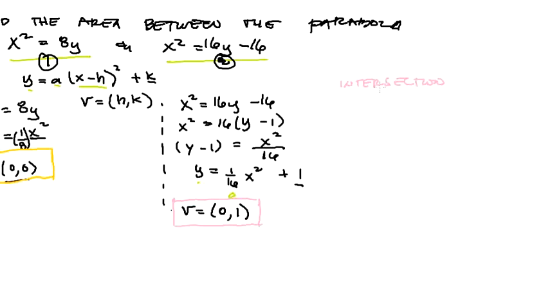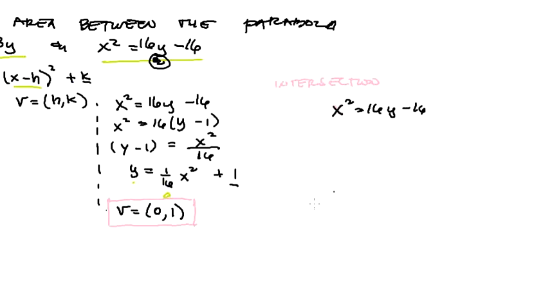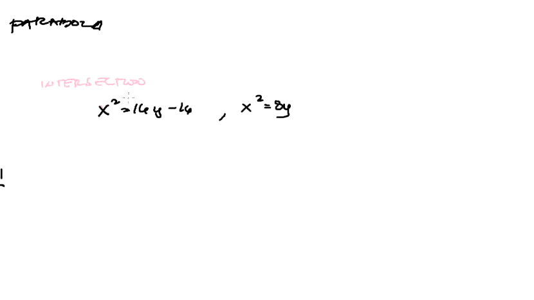We can solve them simultaneously. We have x squared is equal to 16y minus 16, and the other one is x squared is equal to 8y. So let's find the intersection by equating these two parabolas simultaneously.